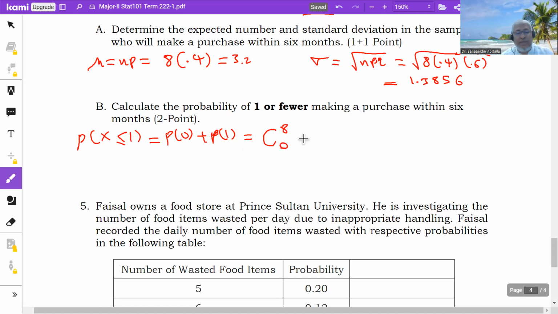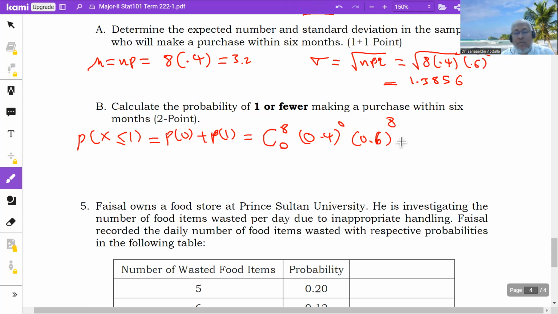X is 0 times P, probability of success, okay, to the power of X, which is 0, Q, which is 0.6, to the power of 8 minus 0, or N minus X. So this is the probability of 0, all right?